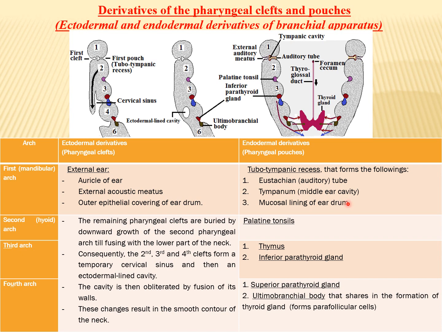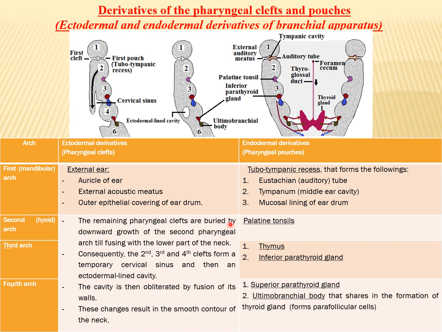The eardrum, as you see here, is formed from 3 layers: outer epithelial covering from the first cleft, inner mucosal layer from the first pouch, and middle from the mesoderm of the first arch.